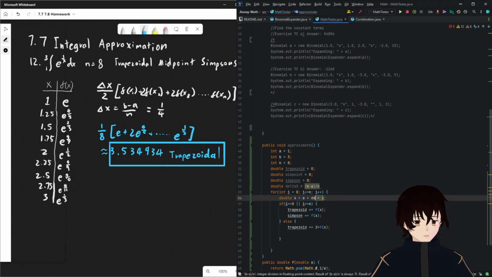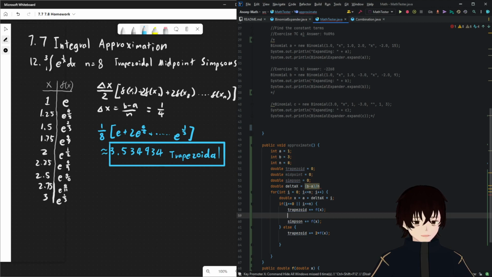And here we can just do delta x times I. Okay, midpoint is a harder one because we need to do midpoint plus equals f of x plus delta x divided by 2.